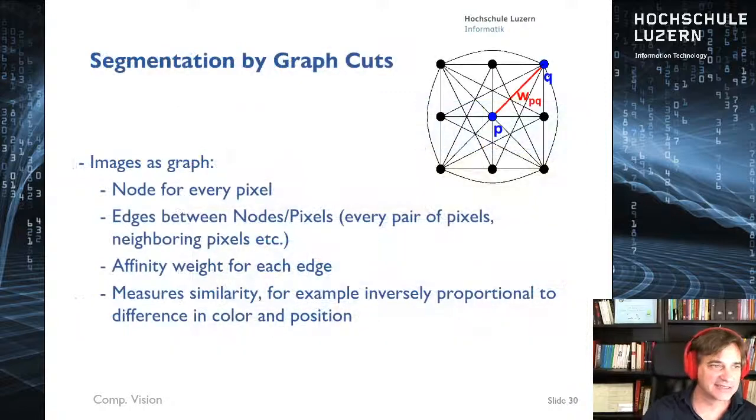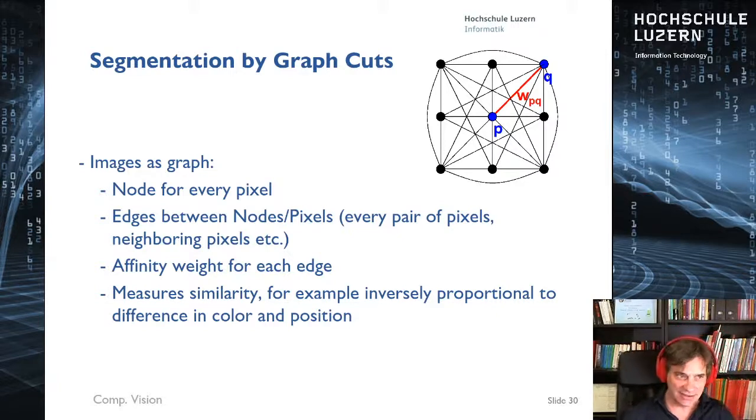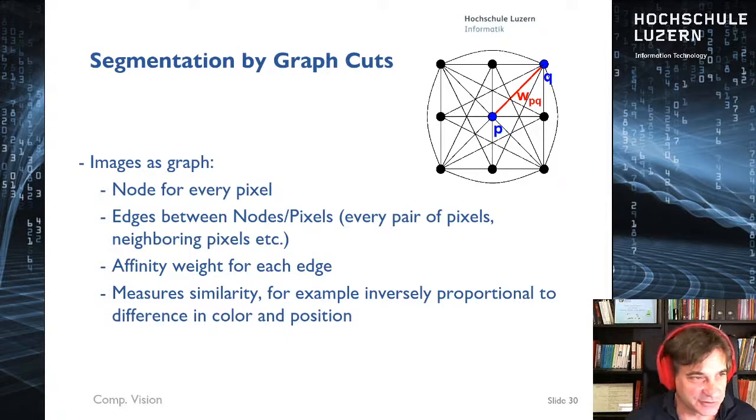Okay, so as the last algorithm for today for segmentation, we would look at something called graph cuts. So what is the idea behind the family of graph cuts algorithms? Well, obviously we calculate a graph and we cut some edges in the graph.